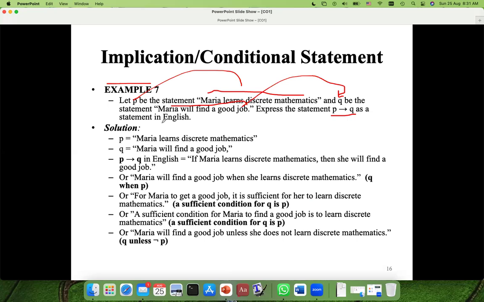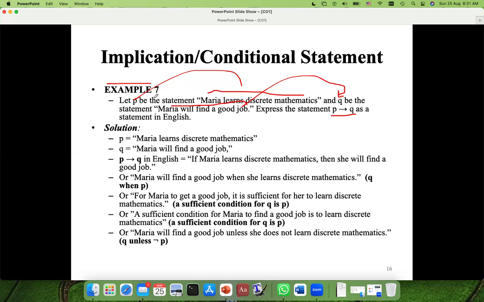So P and Q in the form of sentences are given to you. And the question is asking, what would be the P implies Q in an English sentence? You don't have to convert them into P implies Q. No, conversion is not asked in this question. The English conversion is being asked here.